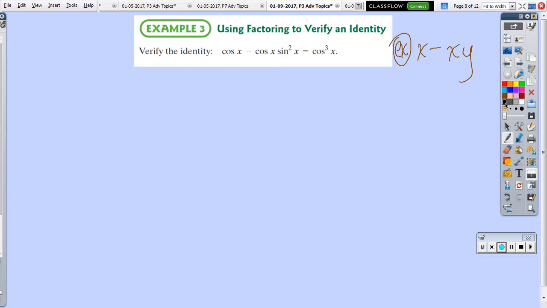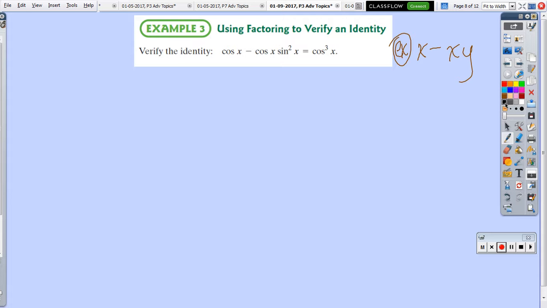Divide what? Both sides? Factor out or divide? Factor out. Because if I divide the whole left-hand side by cosine of x, wouldn't I also have to divide the right-hand side by cosine of x? Right, we can't, because we're verifying the identity.